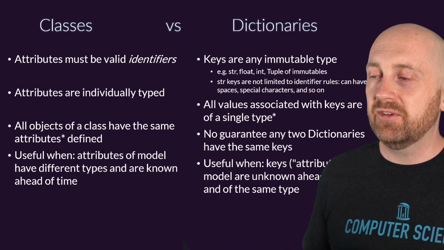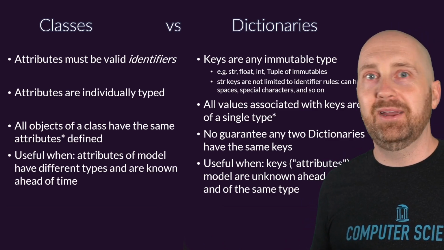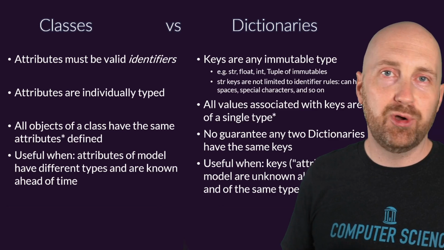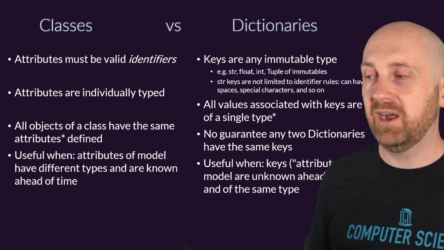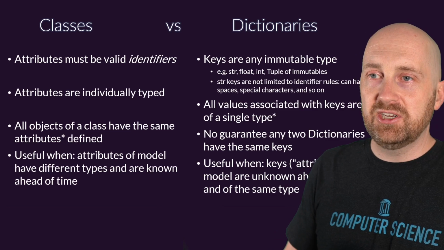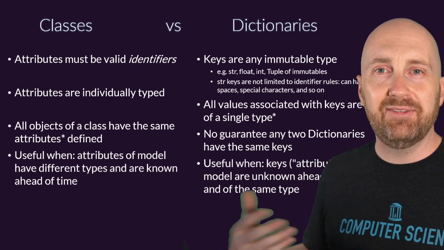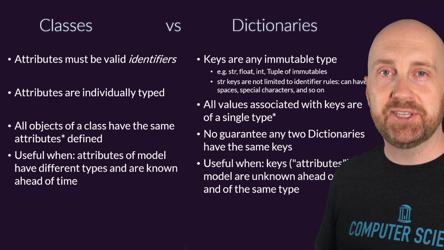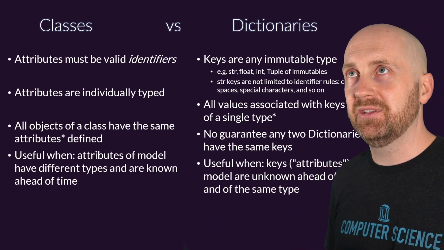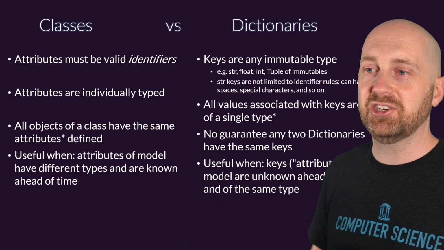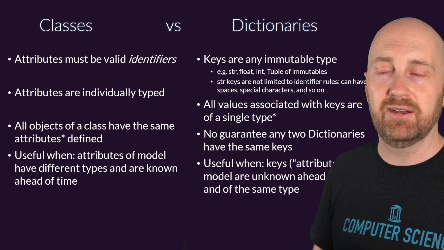Whereas dictionaries are really useful when you might not know when you write the program what your keys are going to be or what values they will have. And so with dictionaries, we have a little bit more flexibility at runtime. But for a robust program, you would have to check to be sure that, hey, does this key actually exist in this dictionary? Whereas with classes, you have that guarantee.